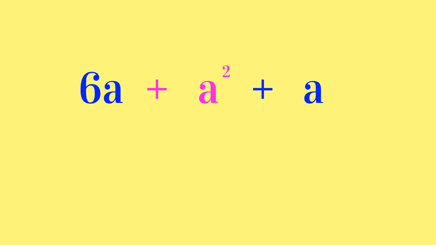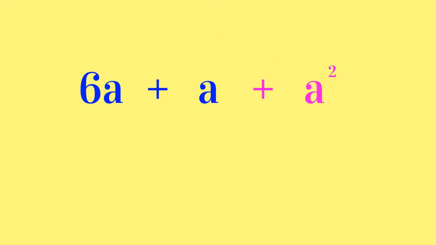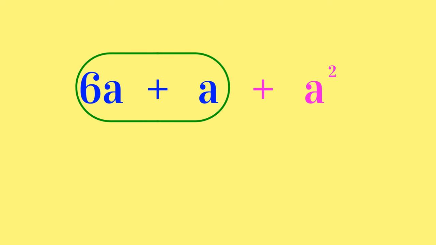We cannot combine all three terms, as a squared is not a like term to a, even though it contains the letter a. Instead, we can just simplify the terms consisting of an a without the power. So 6a add a is 7a, giving us the final expression of 7a add a squared.